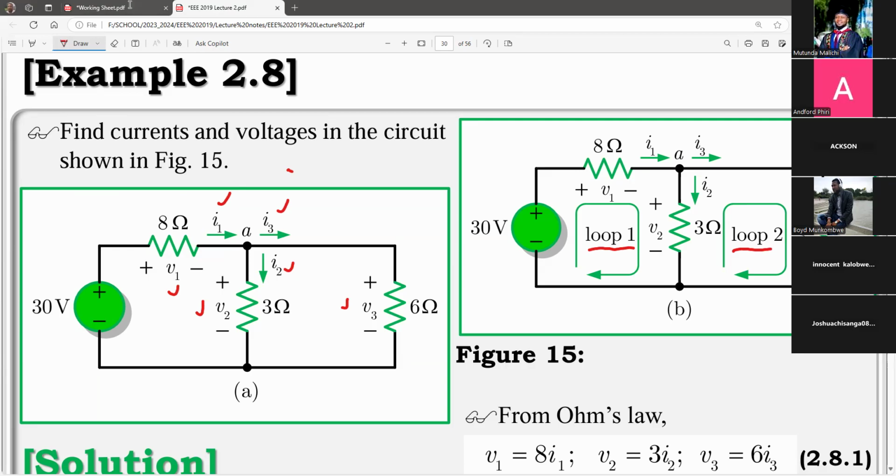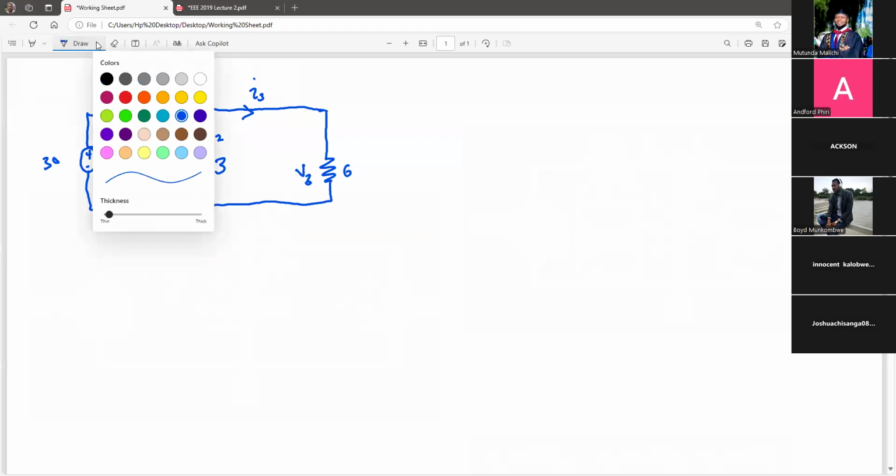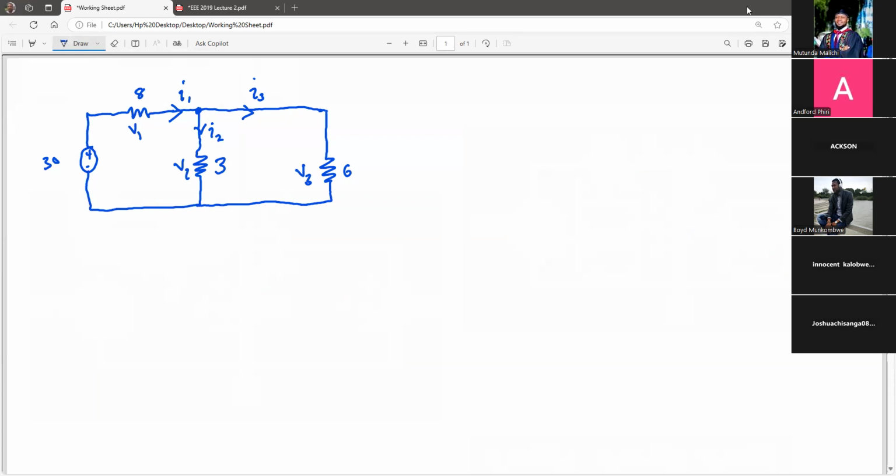I had drawn that circuit as the one shown here. To quickly run through this same example and see how the answers were obtained, on the left we have loop one and on the right we have loop two.